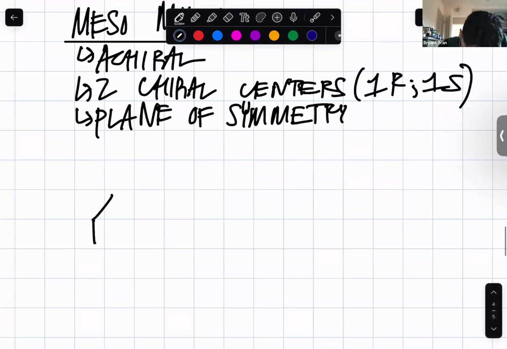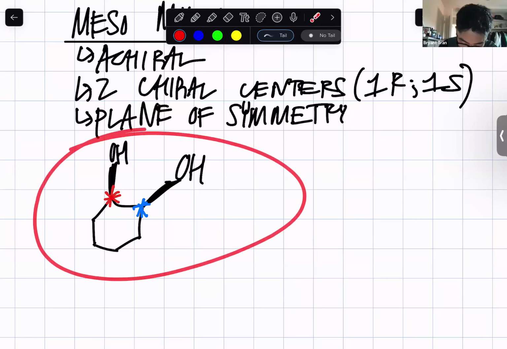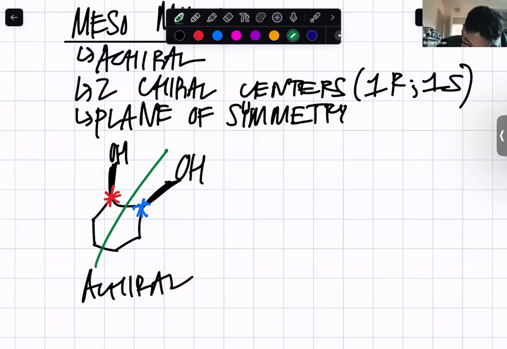Right? So an example would be something like this. We see that there are two chiral centers, one here and another one here, right? And even though this entire molecule has two chiral centers, one here and one here, this molecule is considered achiral overall because of this plane of symmetry.